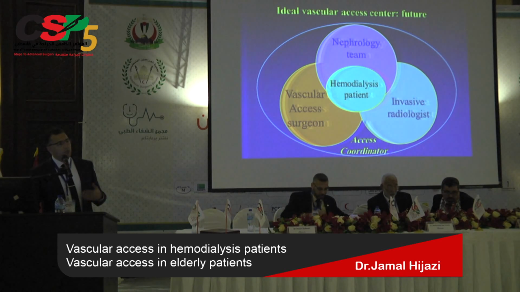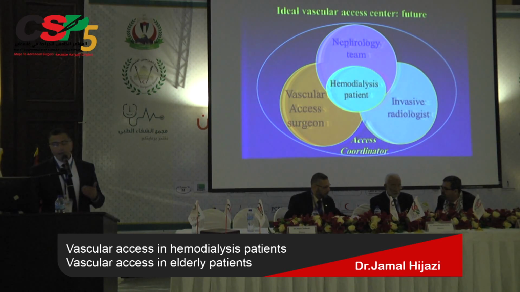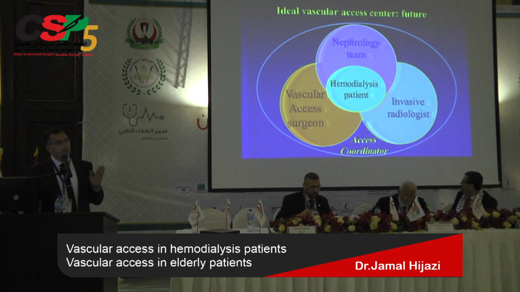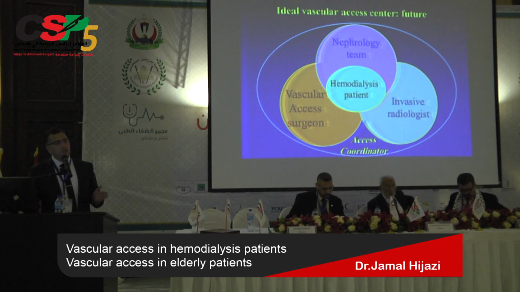The vascular surgeon will plan for the surgery, and after 4 to 6 weeks, the patient will start dialysis through the native fistula, with complete screening all the time by a vascular surgeon and nephrologist.